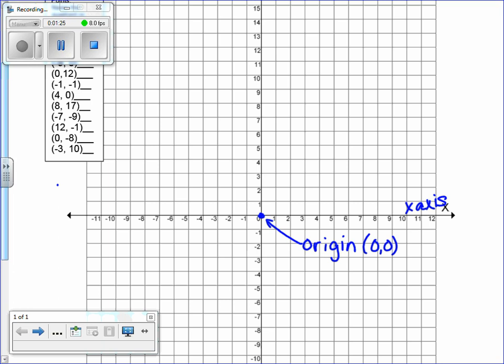Look at this x-axis for a second, it's just like a number line like we have in the classroom, where we have our positive values going to the right and our negative values going to the left. So whenever we see a coordinate point, the first number in a coordinate point is always our x part of the coordinate point.